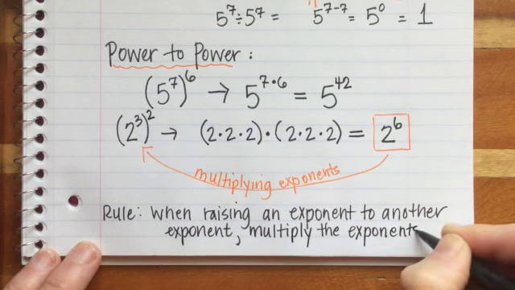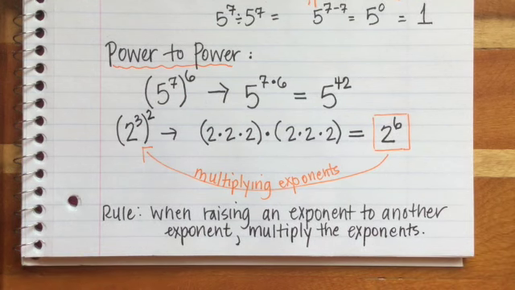I want to keep the base. Nothing happened with that 2. I just want to multiply my exponents instead of adding them.